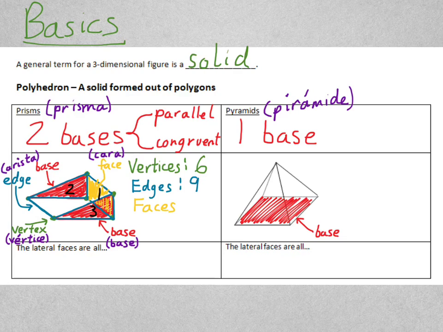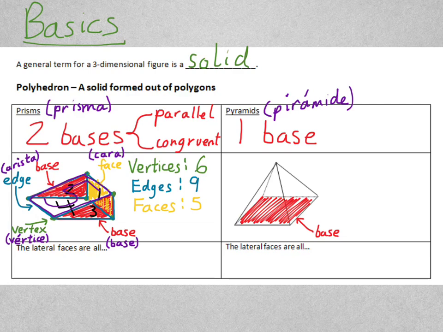Some faces are bases, but not all faces are bases. There we go. We still got a couple more. The bottom face is 4. Then there's also one on the very top. That top rectangle is 5. So we have 5 faces on this triangular prism.